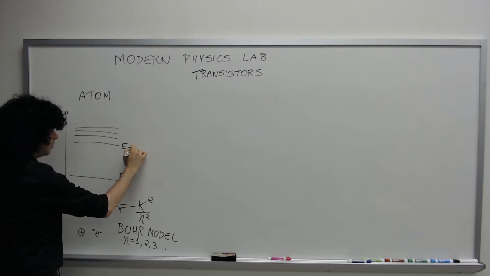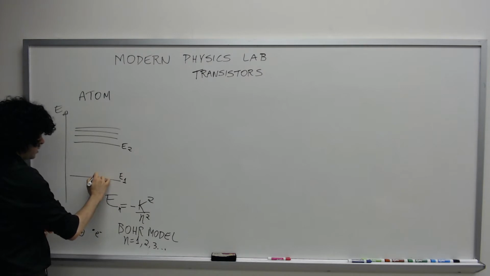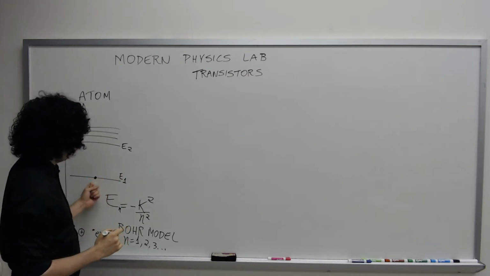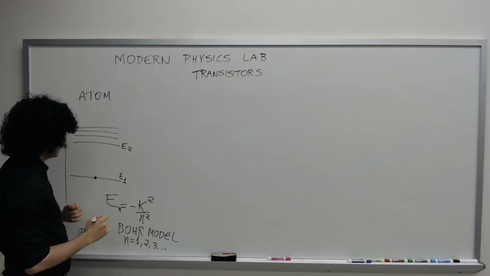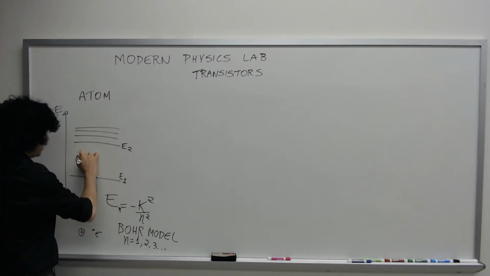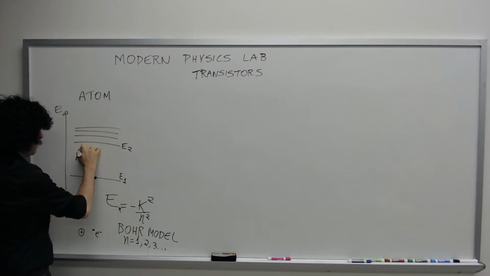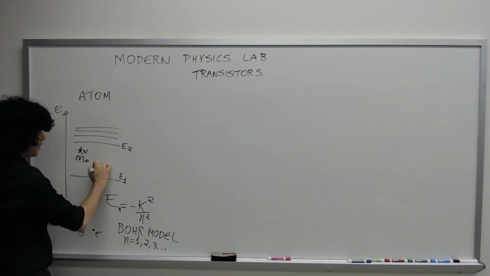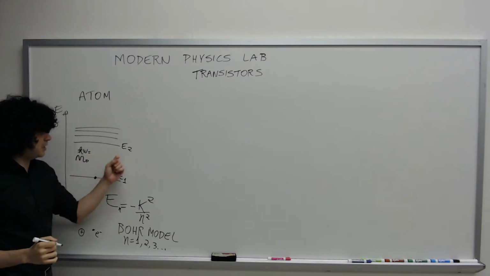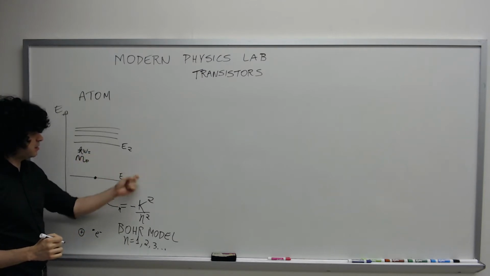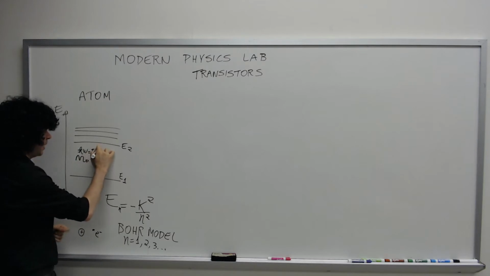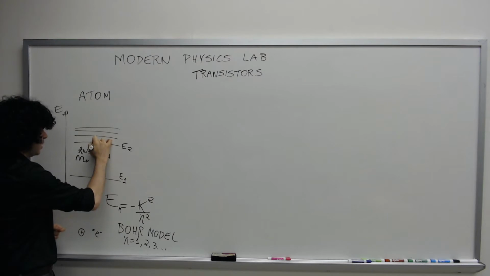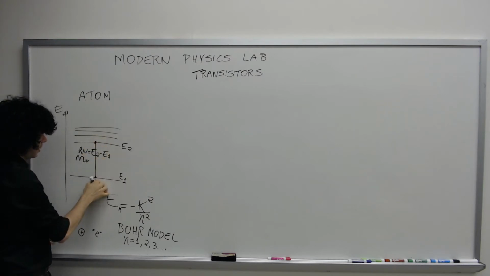Here we have E2. If an electron is in the ground state, you can excite the electron to this first excited state if the electron absorbs a photon whose energy, h bar omega, is the difference of energy between these two levels, E2 minus E1. So you can take the electron from the ground state to the excited state.